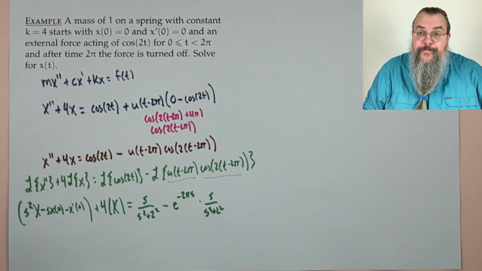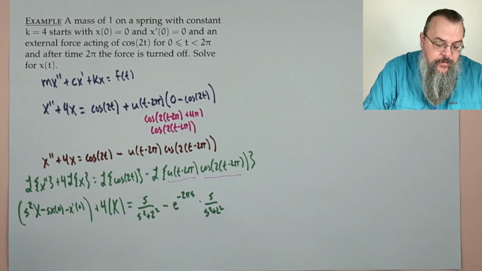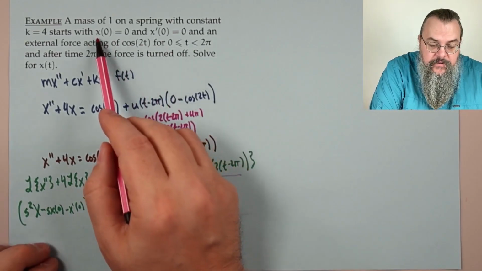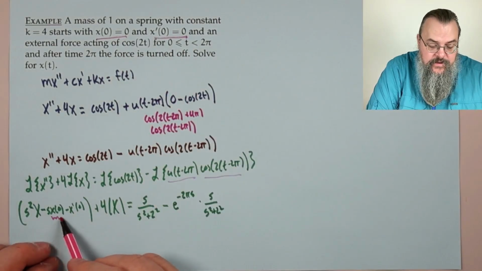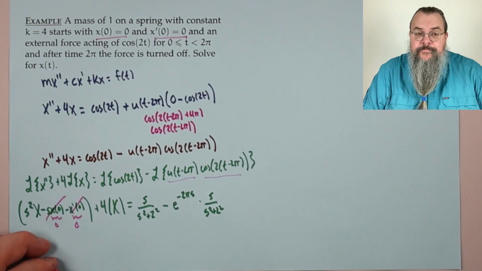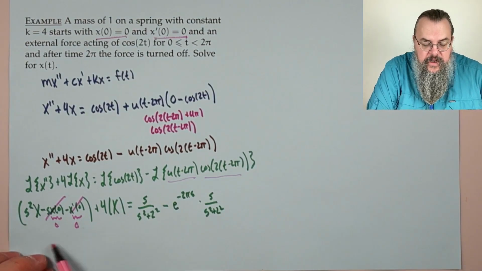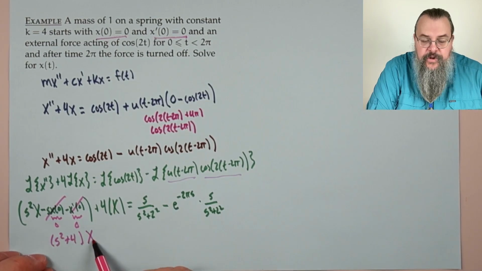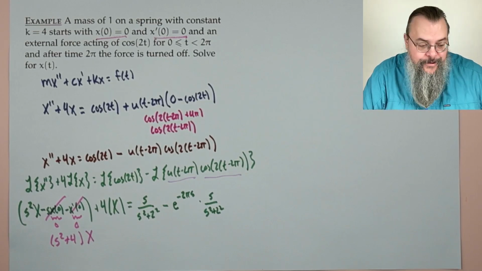Now, let's keep cleaning this up. We can do a few things. We know x of 0 and x prime of 0 are both 0, so those are gone. So what ends up happening is on the left side, we really have s squared plus 4 times capital X. Okay, now divide through.